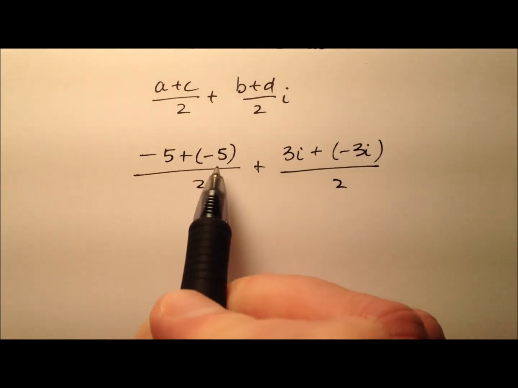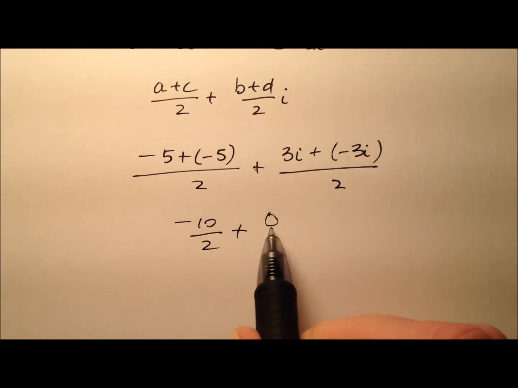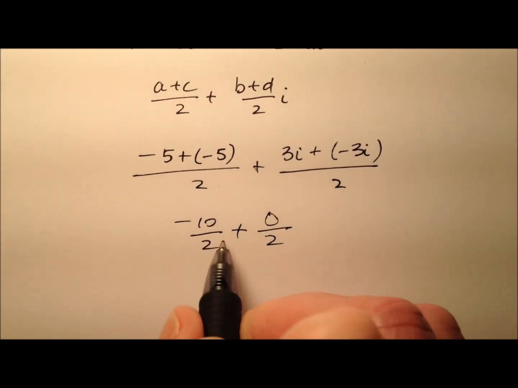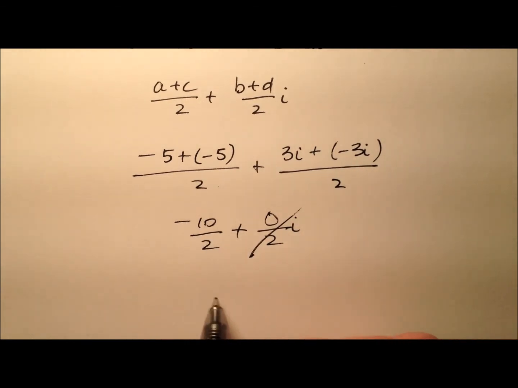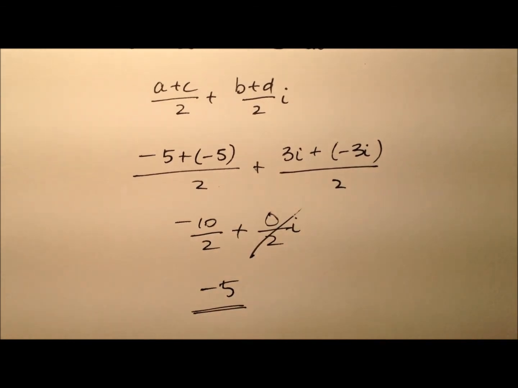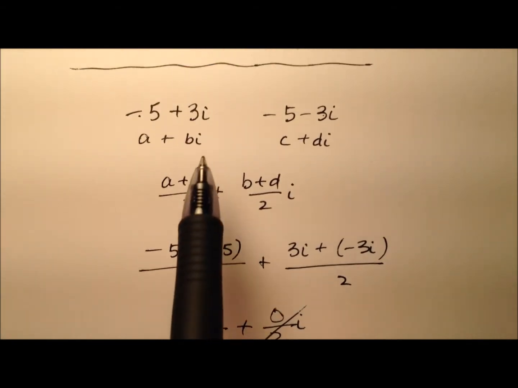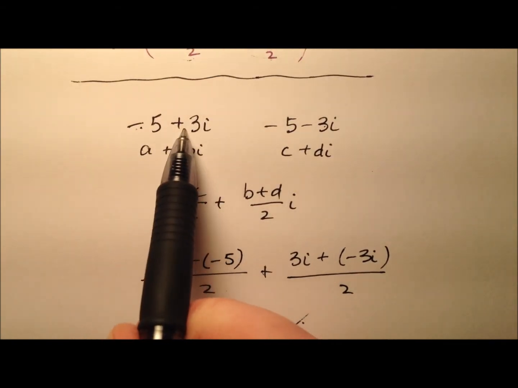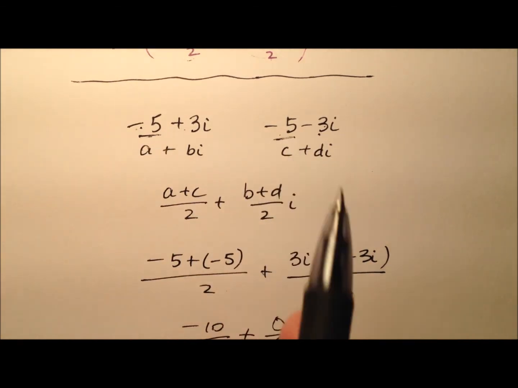So -5 and -5 is -10 over 2. And then, of course, that's 0 over 2. So it looks like the imaginary part just goes away. And then we have -5 for the real part. So the midpoint between these two complex numbers, -5 plus 3i and -5 minus 3i, is just -5.